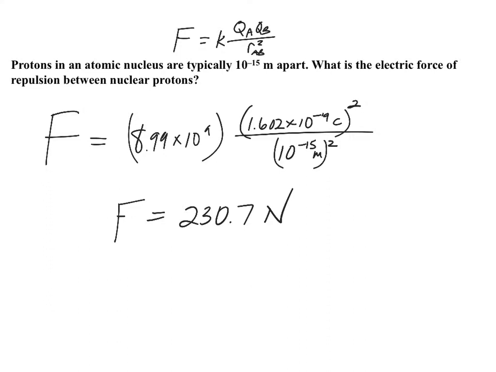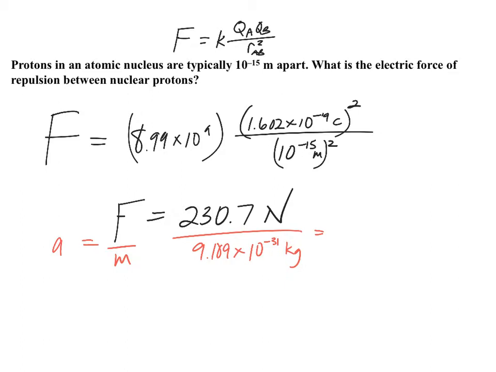Acceleration is going to be force per unit mass. And if it's a proton, I think it was 9.109, it's 9 point something times 10 to the minus 31 kilograms. When you do that math, you're going to have 230.7 divided by 10 to the minus 31.